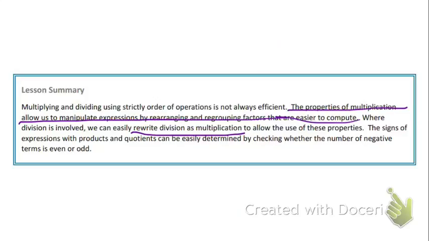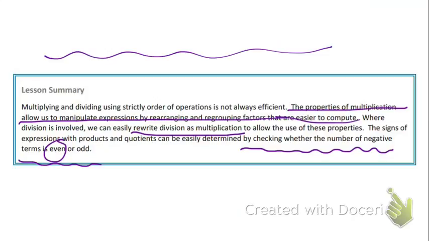The signs of expressions with products and quotients can easily be determined by checking, we've talked about this over and over again, whether the number of negative terms is even or odd. If you have an even number of negative terms in any expression, it's going to be a positive result. If you have an odd number of negative terms in an expression, you're going to have a negative result.